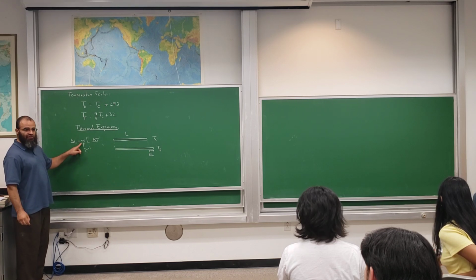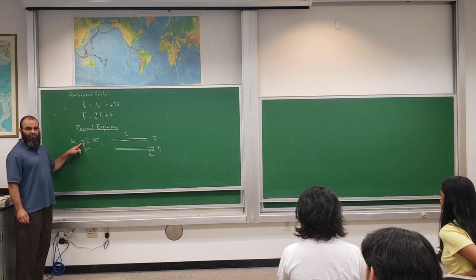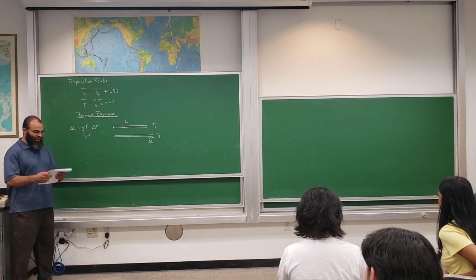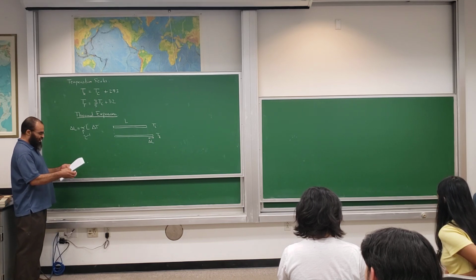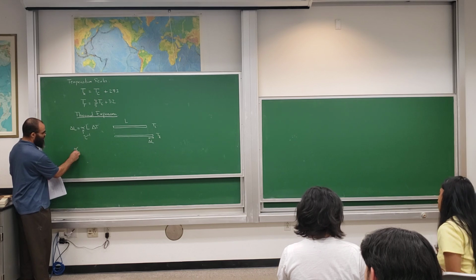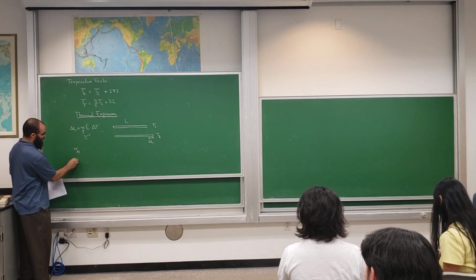And this is the coefficient of thermal expansion, linear thermal expansion. That's the coefficient. So let me write down just a couple of materials. Just a couple. Here is alpha for aluminum, and then alpha for steel.